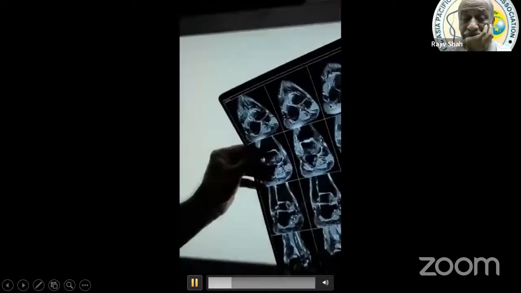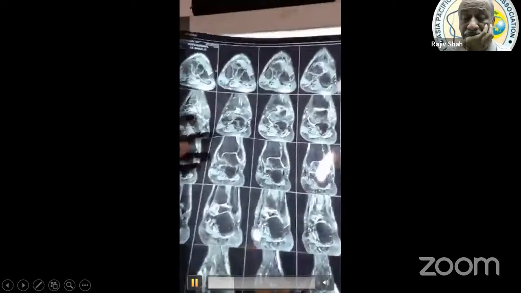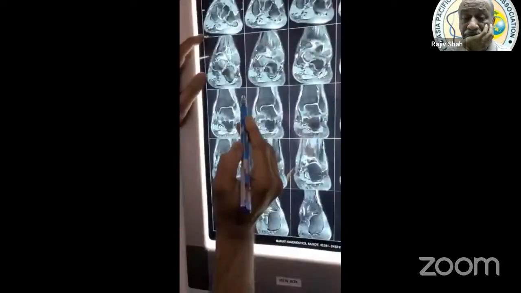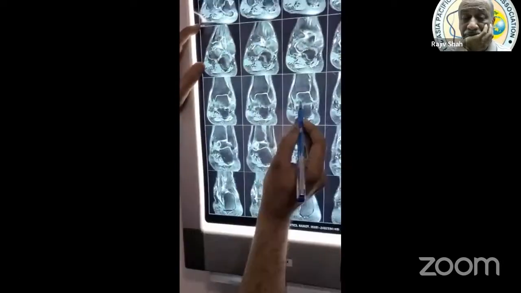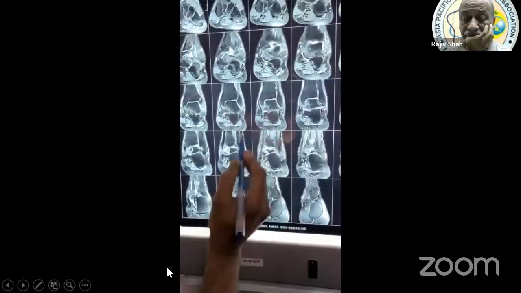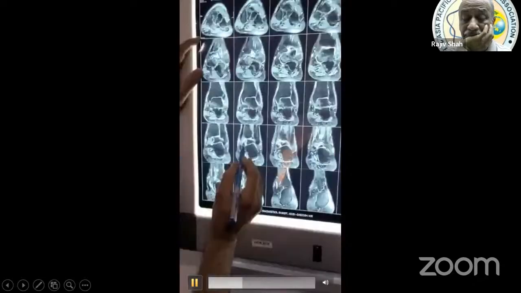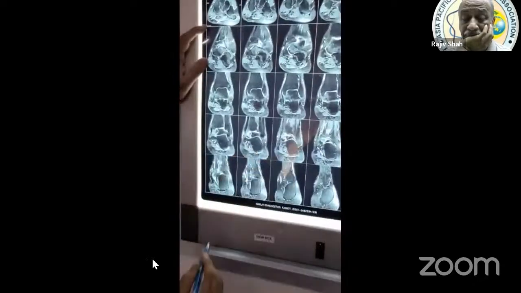And if you see the coronal images, in the coronal CT scan taken on the 20th of January, it showed some hyperemia and signals in the deltoid ligament. So he also thought that this patient, over and above having a healed posteromedial variety of talus fracture, has a deltoid injury.